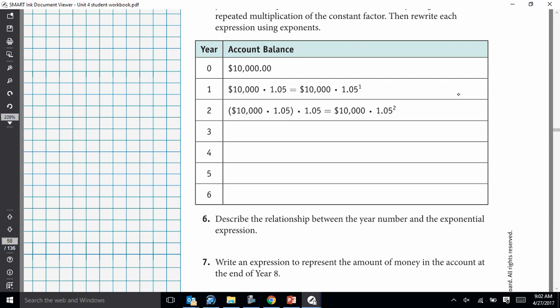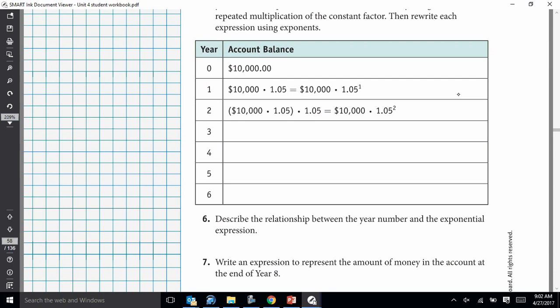So for year one, that would be the original $10,000 times the 1.05. And then for year two, it's year one amount times 1.05. And so we can write that using our rules of exponents as 1.05 to the second power.